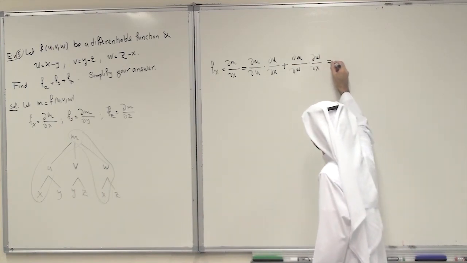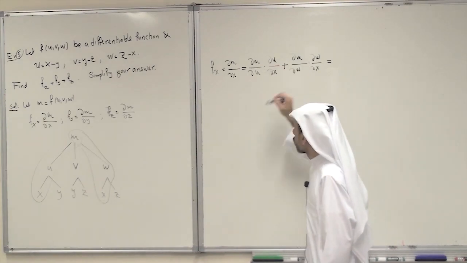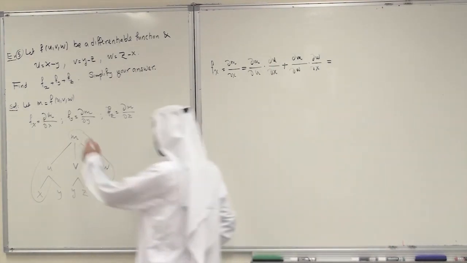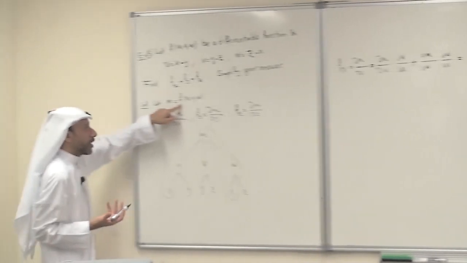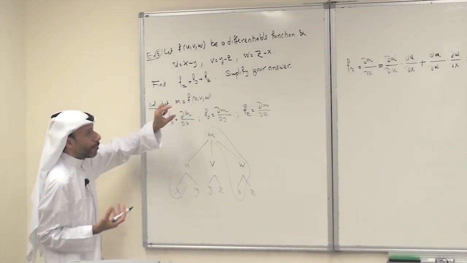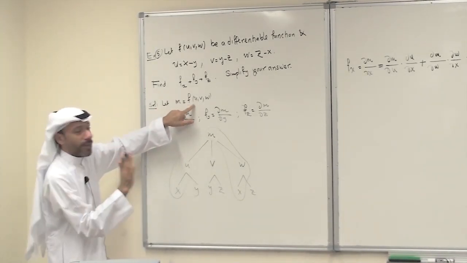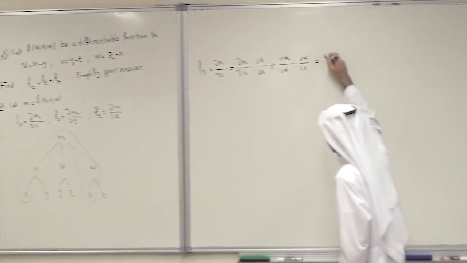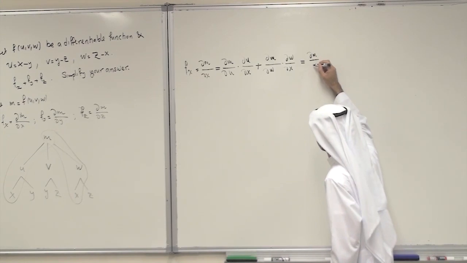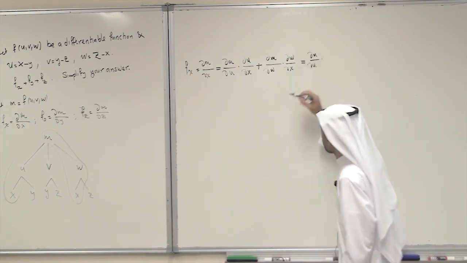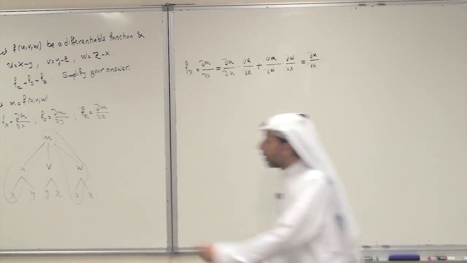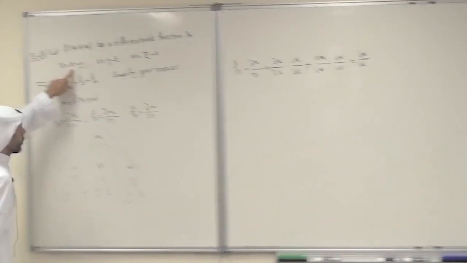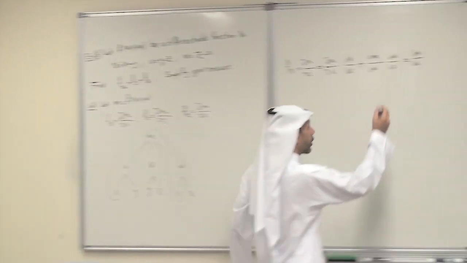And let me just compute this. Partial m, partial u, again, we don't have any expression for f, so the partial m with respect to u will remain as it is, just as a notation. So this is partial m, partial u, times partial u, partial x. Well, partial u, partial x is just 1.